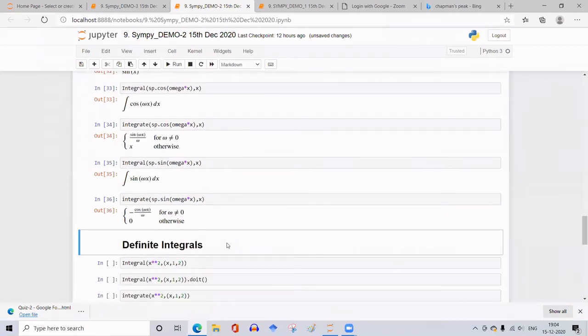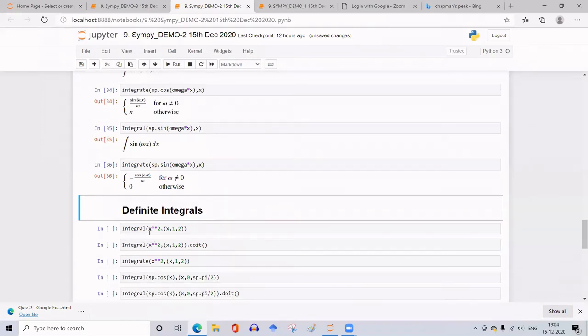Okay, so next, definite integrals. These will have limits for the integration, upper and lower limits. Suppose we want to integrate x square with respect to x between the lower limit 1 and upper limit 2, this is the syntax. To write it in symbolic form, use capital I Integral, then within parentheses give the expression you want to integrate, here x square.